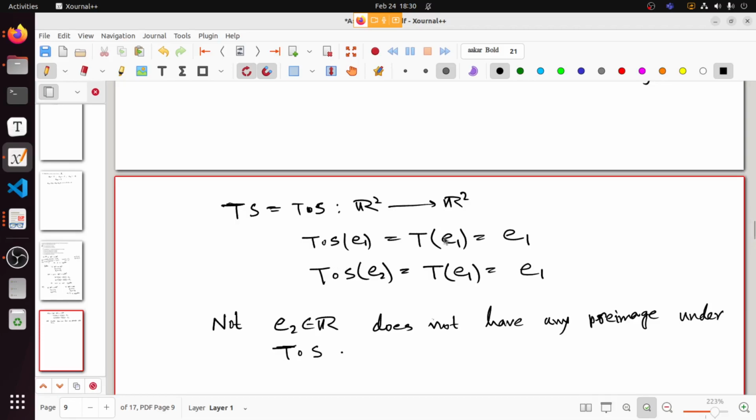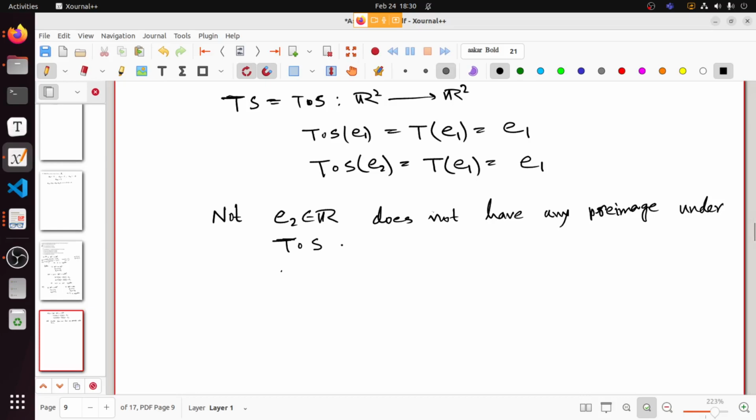So T compose S is not onto, not surjective.